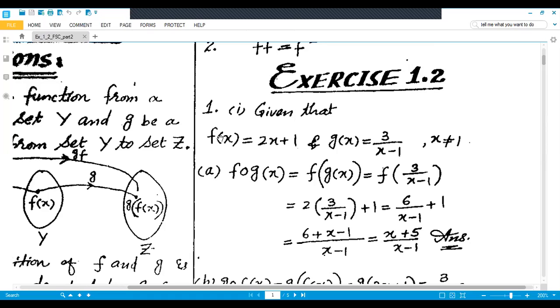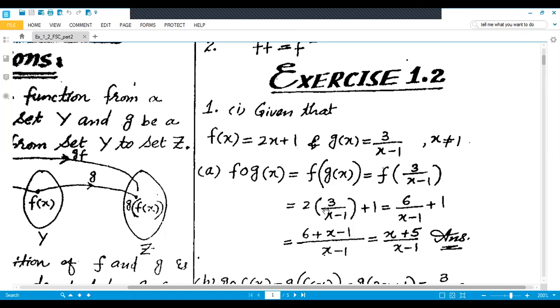It means that in f of x, where you find x, in this place you put the value of g of x. So f of g of x is f of 3 over x minus 1, and the function f of x is 2x plus 1.